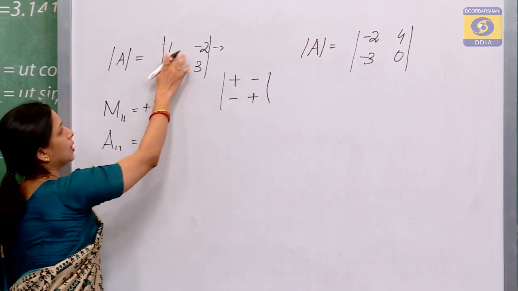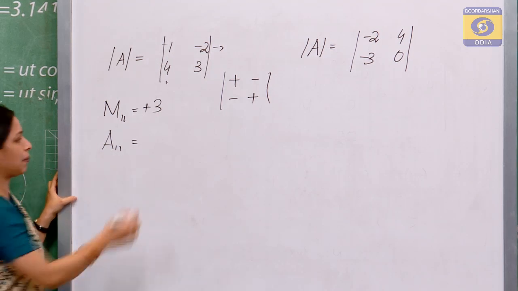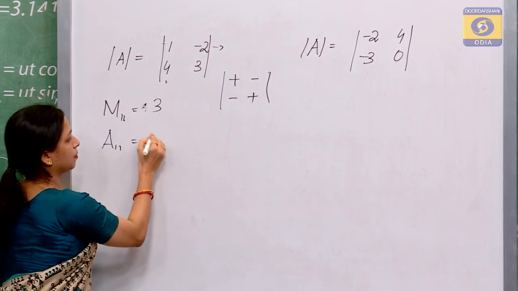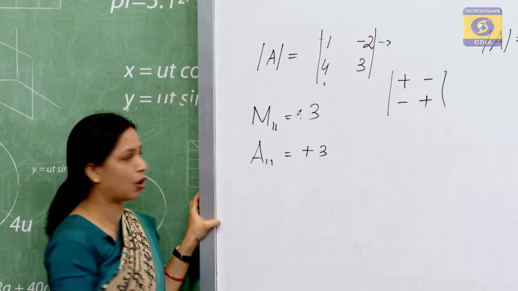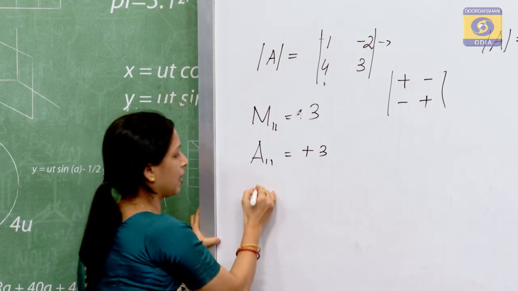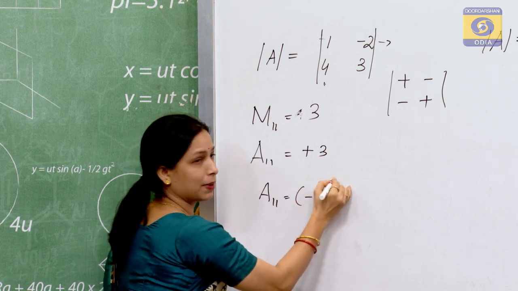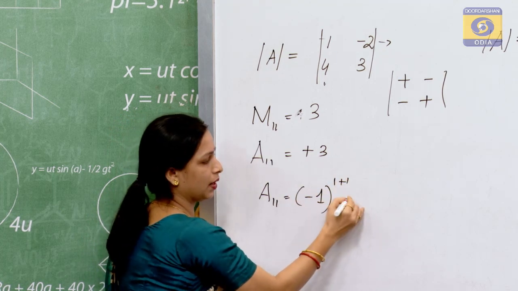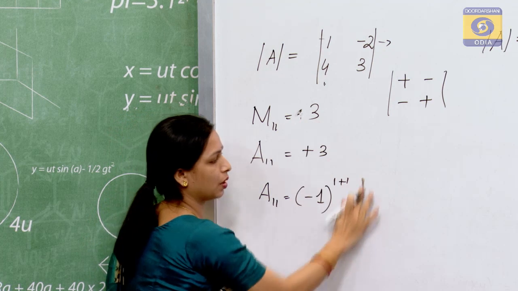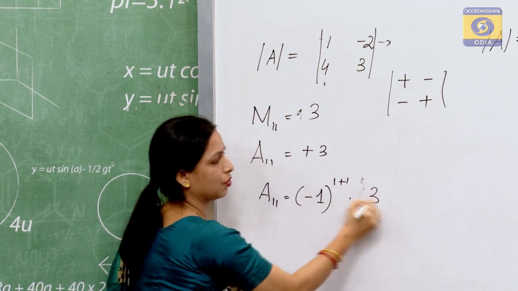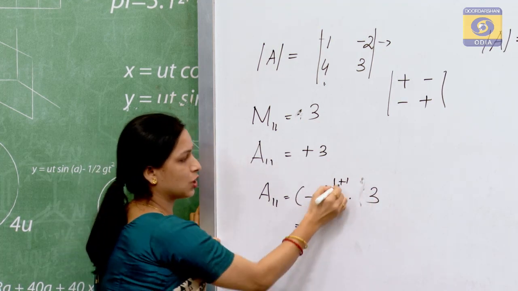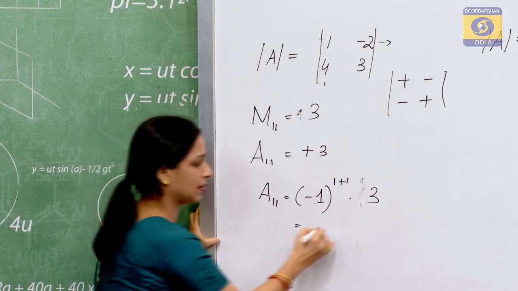For further proof, let us say we know the sign is given by i plus j. So, 1 plus 1 into the minor M11, which is 3. So, minus 1 to the power 2, the sign is plus.